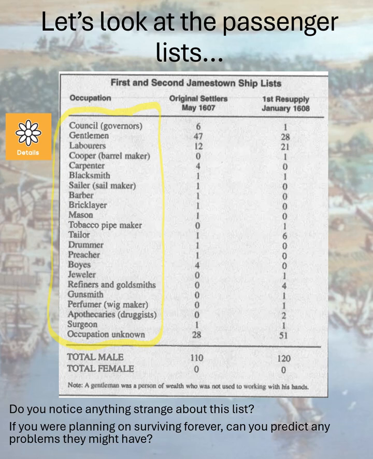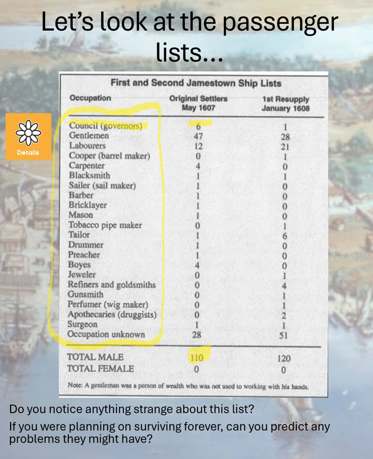The first one that stands out to me is council or governors. They had six of them. Six council or governors and 110 people. Now, if you think about the state of Texas, we've got roughly 30 million people or so, and we've got one governor. And 110 people on this boat, there were six governors.